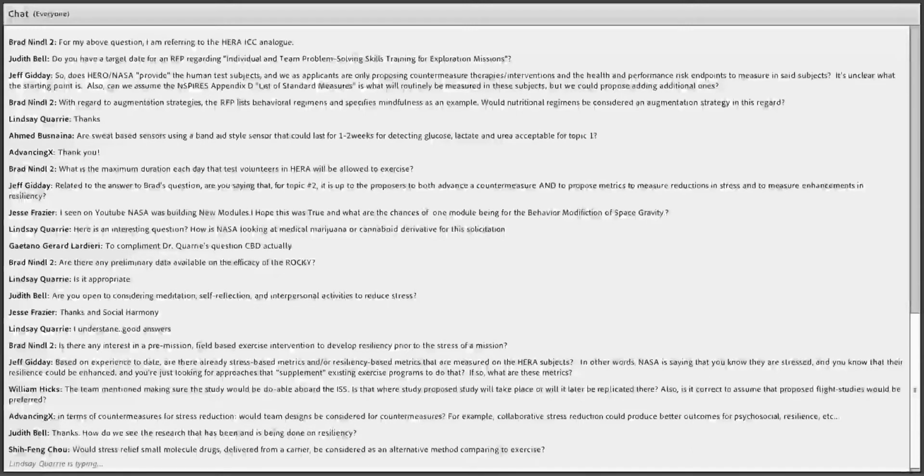In terms of countermeasures for stress reduction, would team designs be considered for countermeasures? For example, collaborative stress reduction could produce better outcomes for psychosocial resilience. Again, it depends on the conceptualization. We haven't targeted this as a team approach, but with a really effective justification and conceptualization, if it's clear we could get an individual response, because that's really what we're trying to identify.